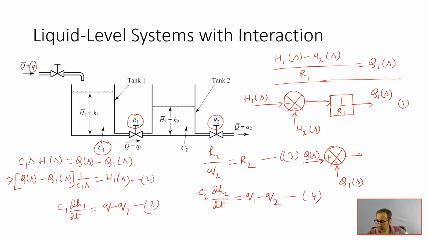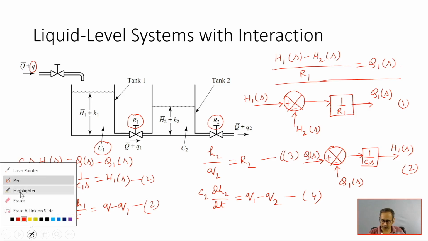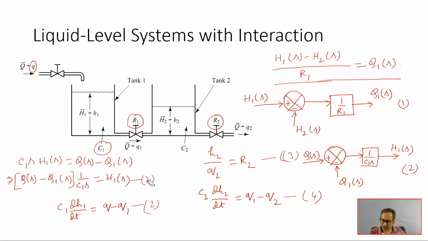This output is multiplied by 1 by C1 s, and this output is H1(s). So, this is from equation number 2.